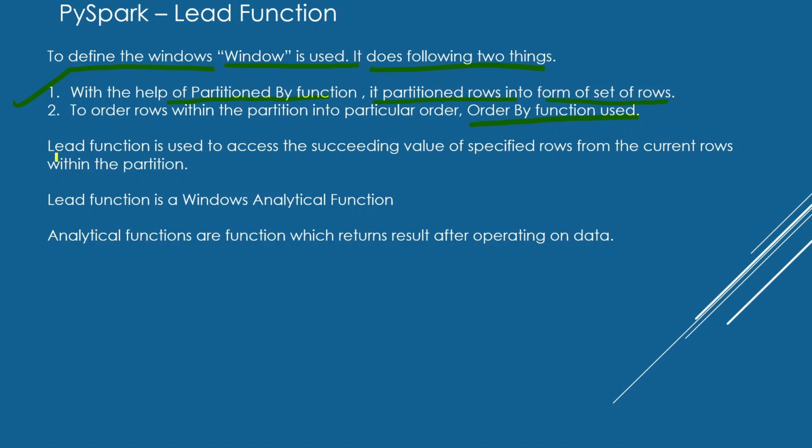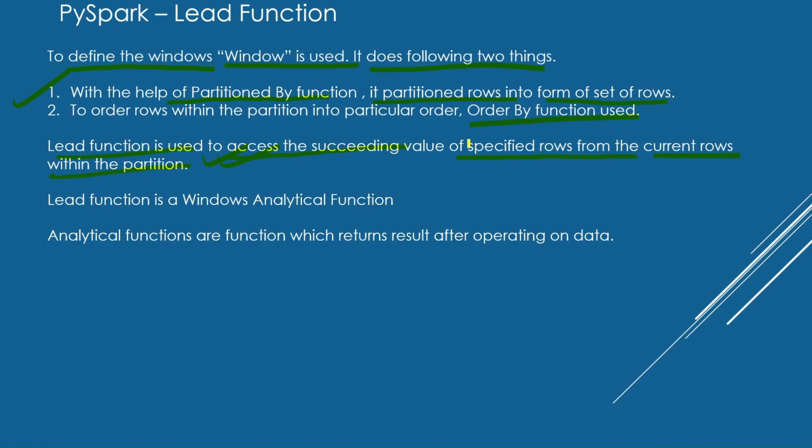As I told you, the lead function is used to access the succeeding value, from the current row, within the same partition. We will understand that better once I show you in a practical exercise.